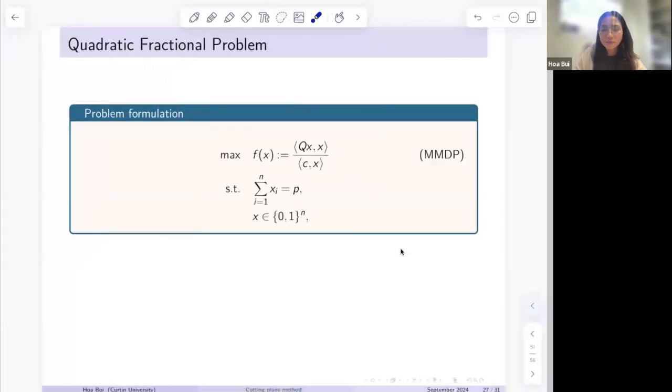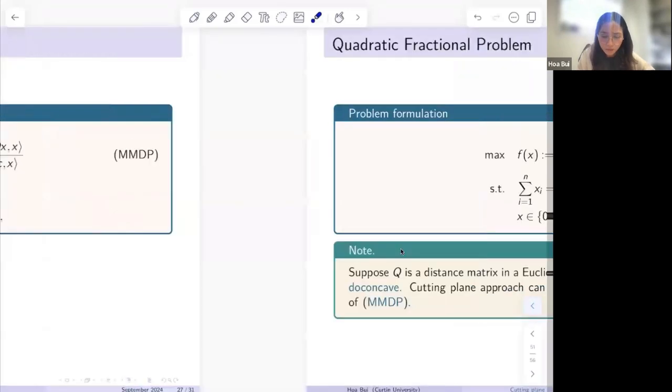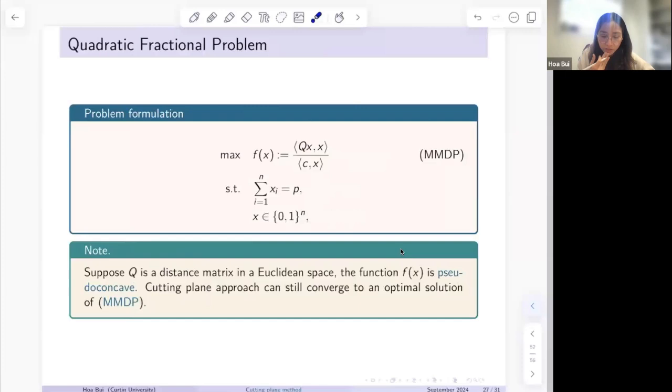The last one before I conclude is an extension to a quadratic fractional problem. It's not a quadratic problem. To demonstrate the idea we mentioned before, that to have the cutting plane converge, maybe we only need quasi-convexity. When Q is a distance matrix in the Euclidean space, the function f is pseudo-concave. Then the cutting plane approach still converges to an optimal solution of this problem.